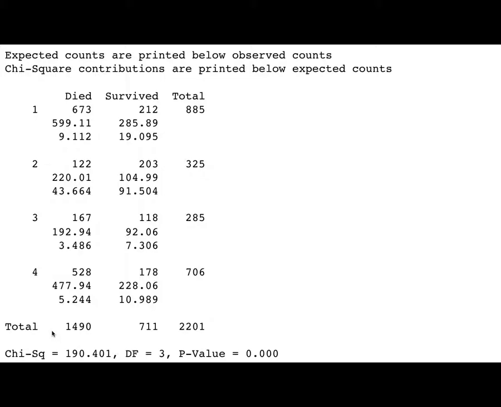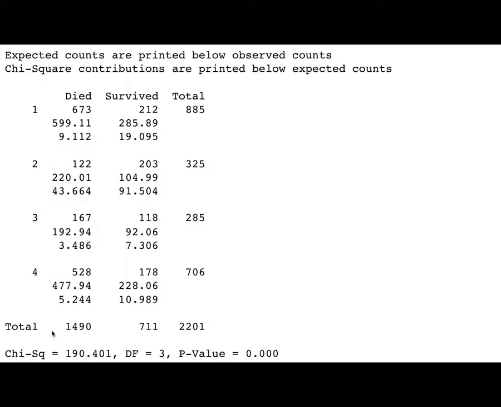So we have observed, then we have expected, and then this last number is what's called the chi-square contribution. So you remember how for each cell we have to do observed minus expected squared divided by expected? That's what this number is: the observed minus the expected squared divided by the expected.